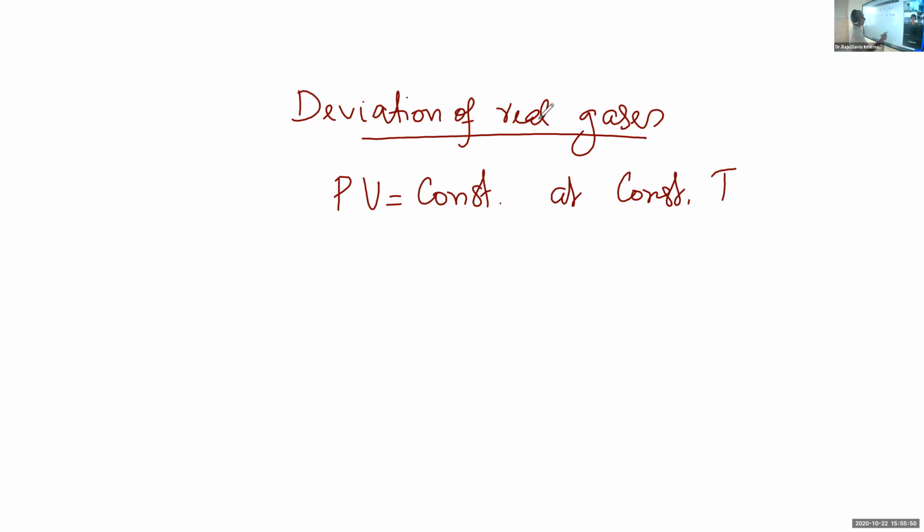If we plot PV against pressure or volume, what is the nature of the graph obtained? Do you remember? Anybody remembers the graph?